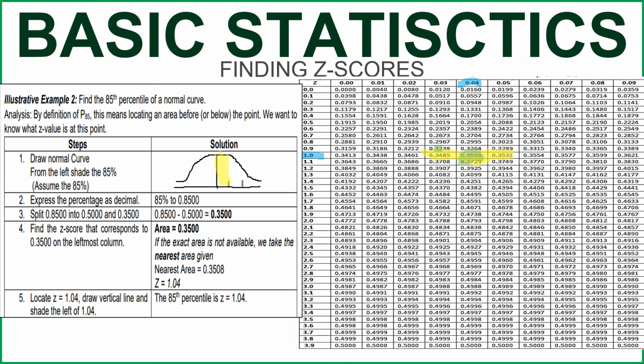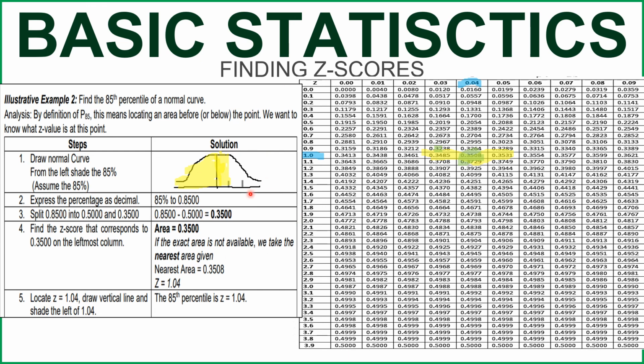So, eto yung portion ng 0.3508. Pero, yung 85% niya is yung kabuuan, kasama yung 0.5. So, ito na yung shaded part. Ito na yung drawing ng normal curve natin. So, question pa po. Madali lang, di ba?